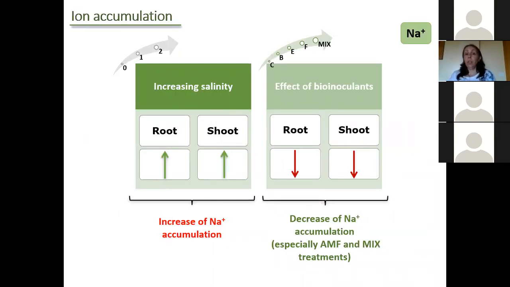In terms of ion accumulation, as expected, the increasing salinity leads to an increase in the ion sodium inside the roots and shoots. However, the application of bioinoculants decreased this accumulation, especially in the treatments with AMF and the mixture of all microorganisms.